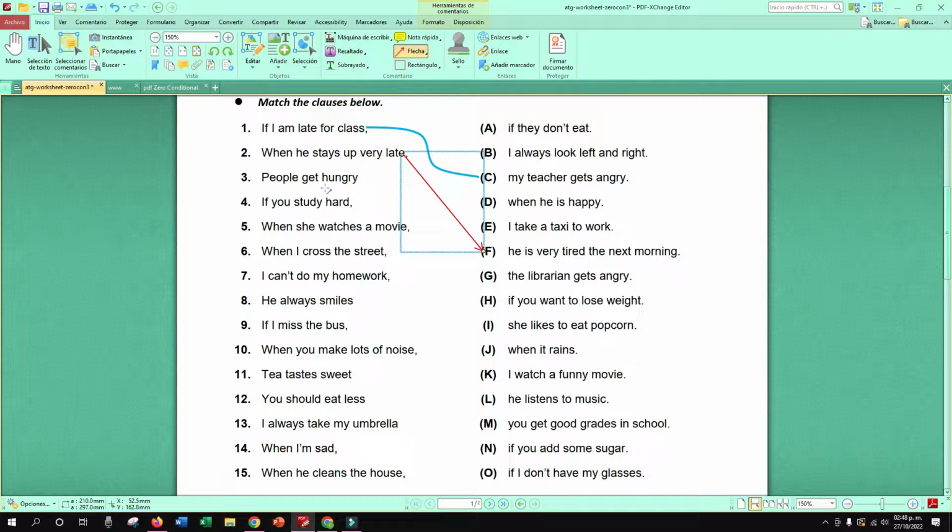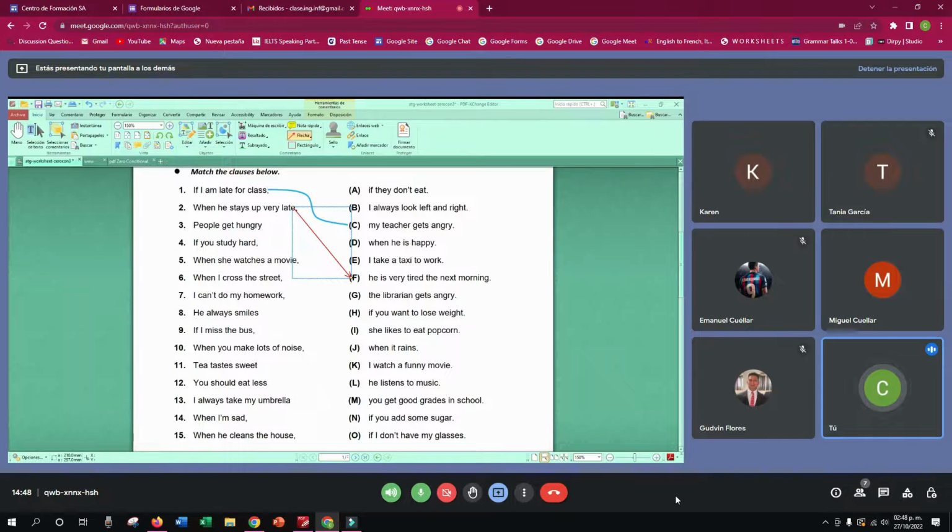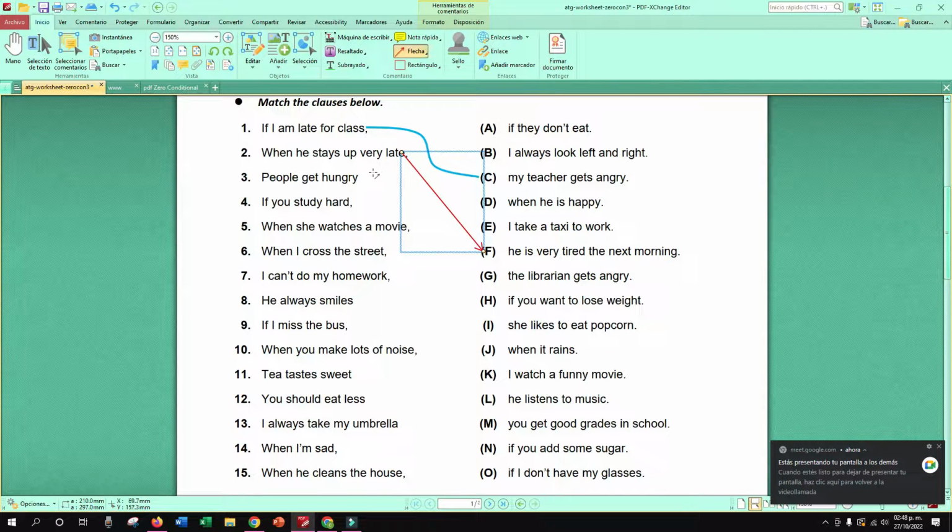There you have G, H. Which could be, Mr. Miguel Cuellar? I think yes, or Karen, tell me. Number 3? Okay, A. Nice. So, people get hungry if they don't eat.